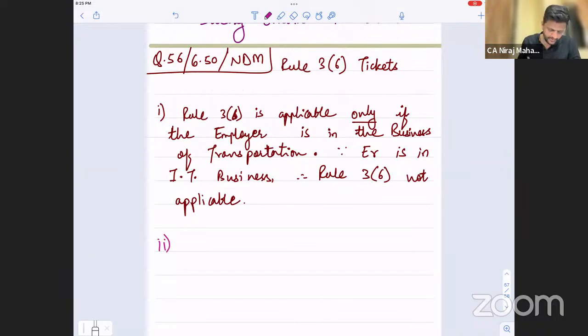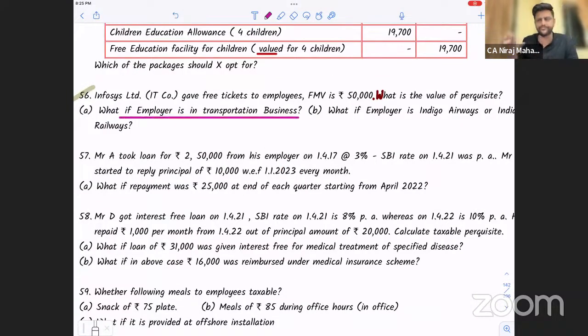There is a second case. What if the employer is in the transportation business? Then is there a perquisite? Yes. If the employer is in the business of transportation, then there is a perquisite.